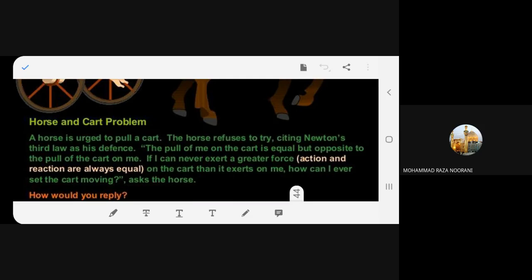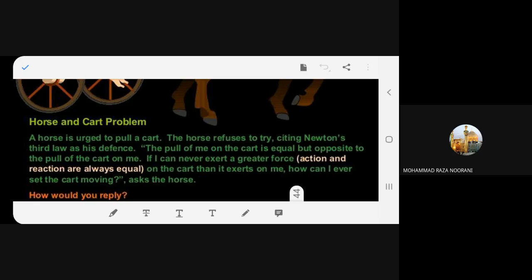The horse refuses to try, citing Newton's third law as his defense.